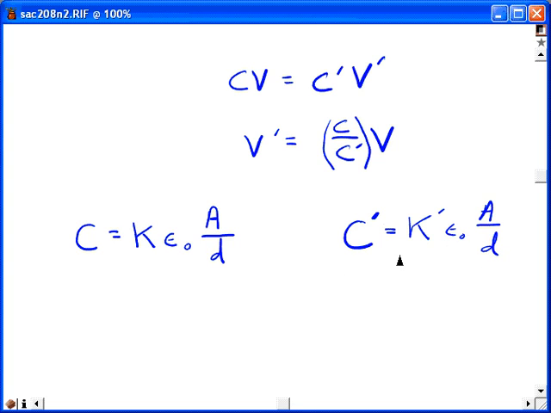Now these two equations, if you look at them, are essentially identical, except in the second one I've got K prime instead of the K. An easy way to make it so that all these things that are common, the epsilon 0, the A, and the D, cancel out, is to find the ratio of one to the other. And indeed, that's what I need. If you look up above, we need the ratio of C prime to C. So let's go ahead and calculate that using the properties of the capacitor.